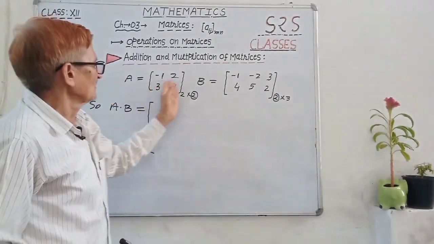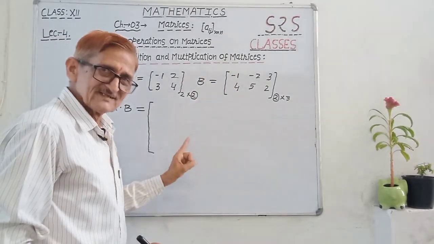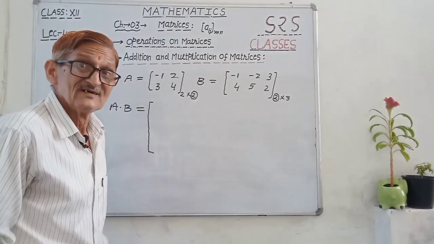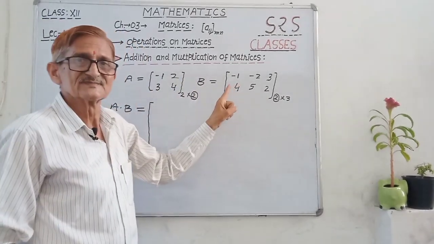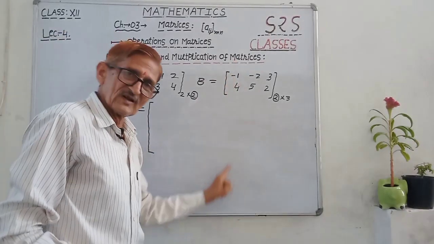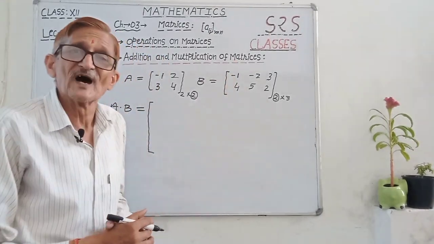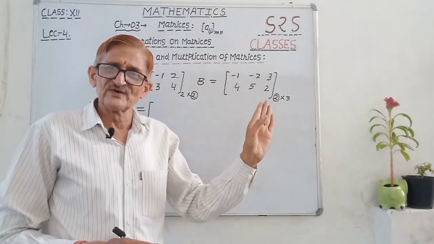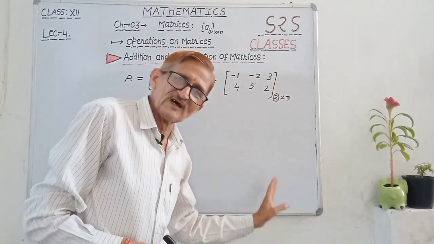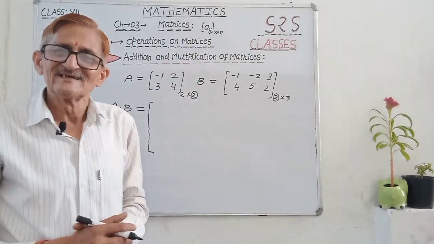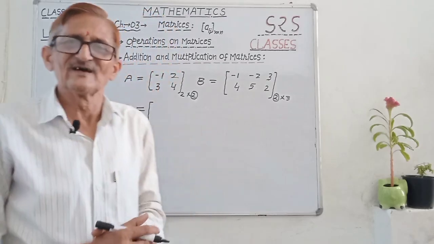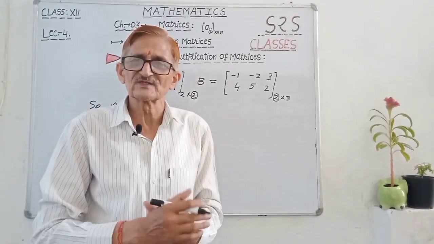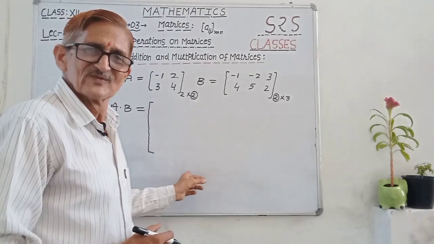Now how to find it? Multiply the corresponding elements of the first row of the first matrix with the first column of the second matrix and sum, that is, the sum of the products of the corresponding elements of the first row with the first column. That will be the first element of the product matrix.